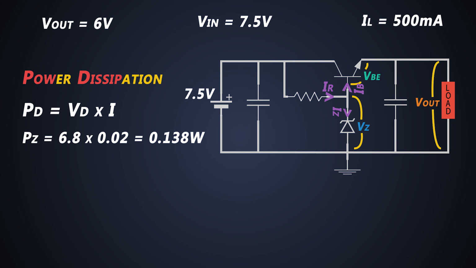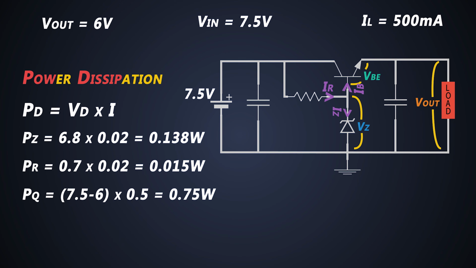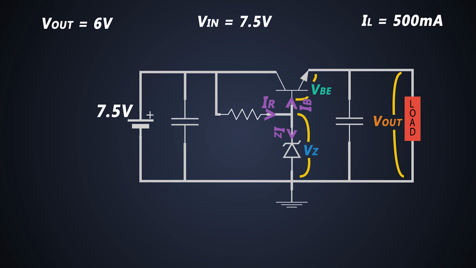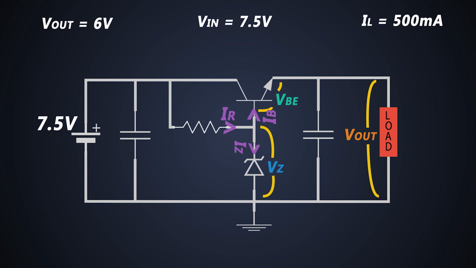The power dissipation across the resistor will be around 15 milliwatts. And finally, the transistor power dissipation will be 750 milliwatts. So we need to select a transistor which will be able to handle 750 milliwatts of power. And finally, we can add some filtering capacitors to this circuit to make it more stable. And this is how we design the voltage regulator.